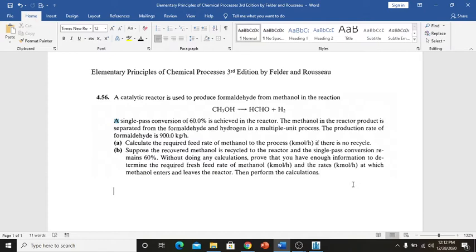And we will be using a recycle block, because according to the letter B, the recovered methanol is recycled to the reactor. And we will also be using the specification block, because we have to specify that the production rate in our product streams should have 900 kilograms per hour of formaldehyde.